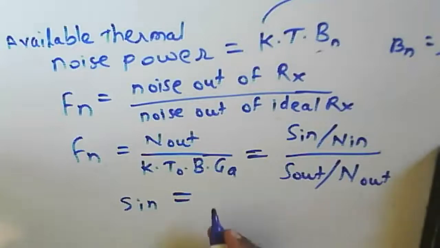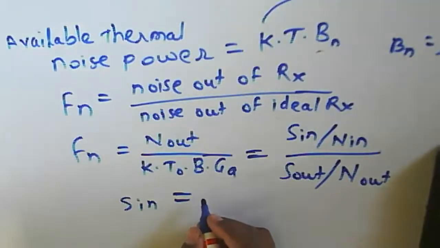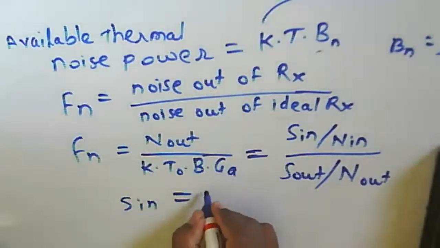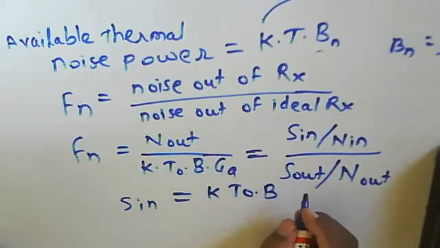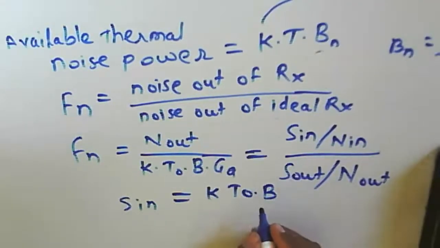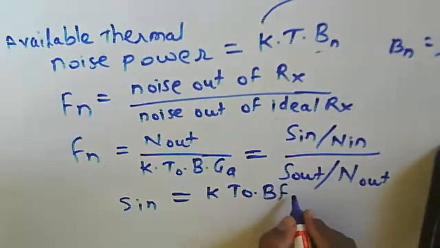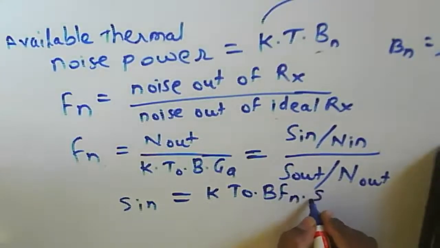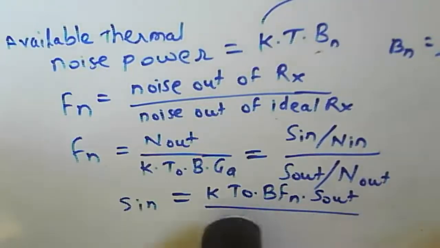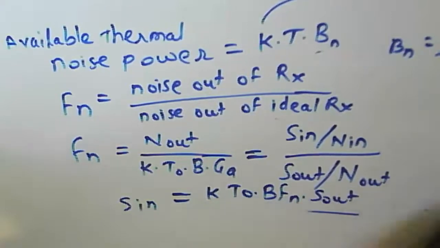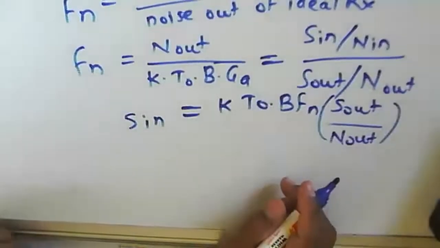So now we can consider that S in is equal to kT0B F, S out divided by N out. This is what we are getting in terms of this.